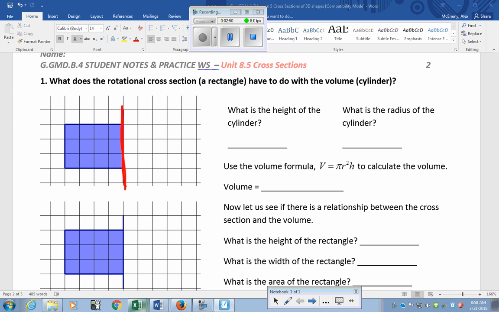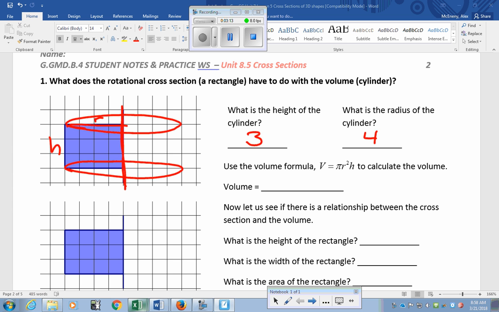So if we look at the height of this cylinder, the height would be this side, which would be 3. And the radius, if this cylinder was drawn out, would be equal to this line, which in this case would be 4.